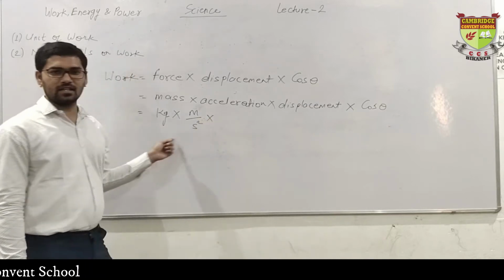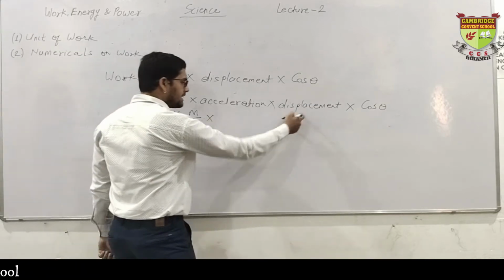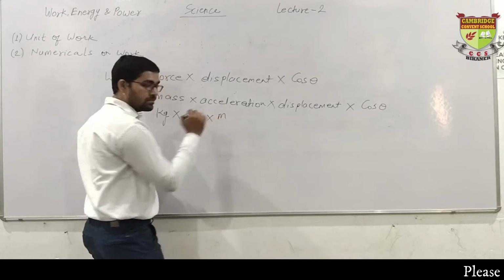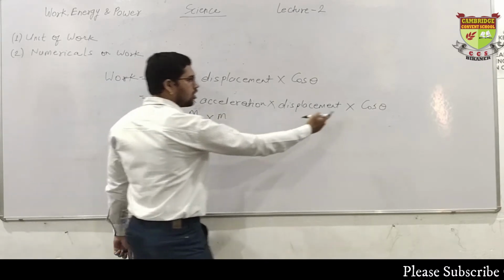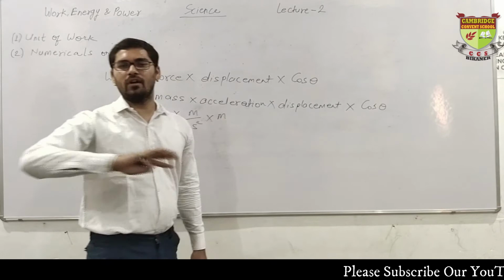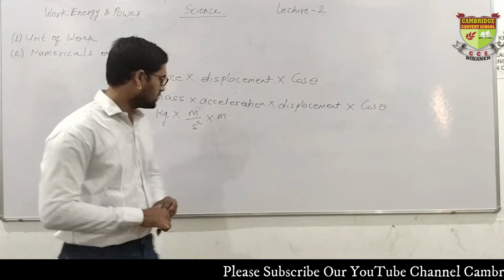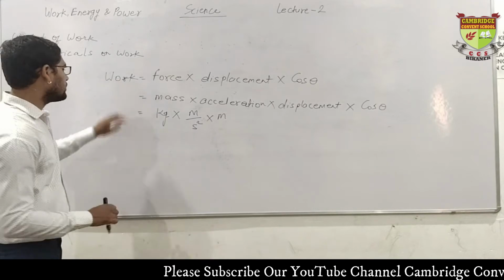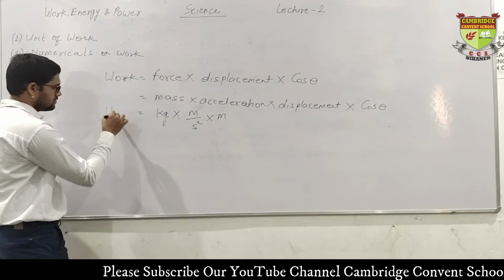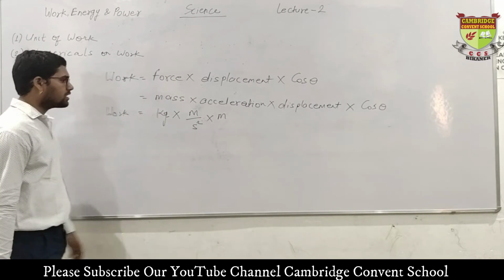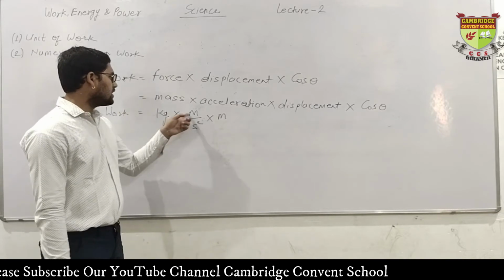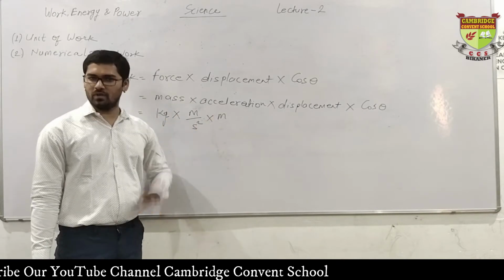You have studied this in class 9. Displacement is always calculated in meters. Cos theta does not have any unit, it is a unitless quantity. So for work we got the units kilogram into meter per second square into meter.